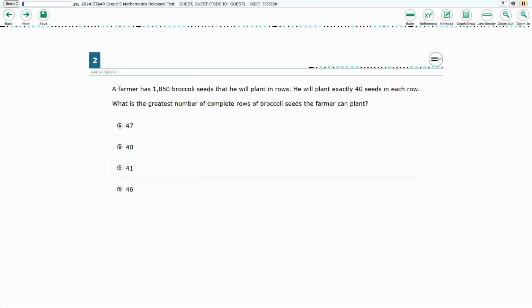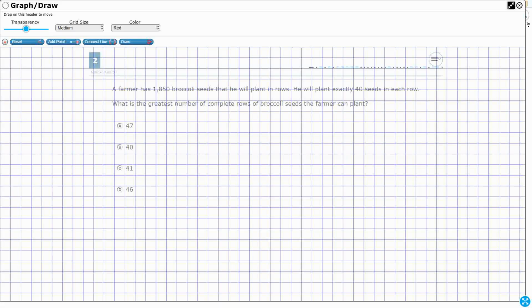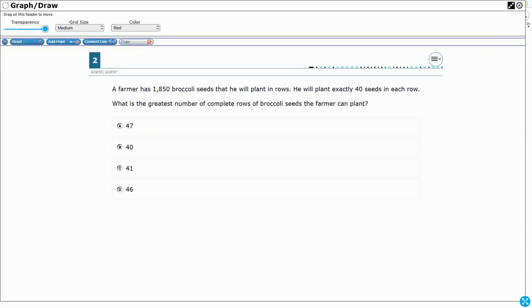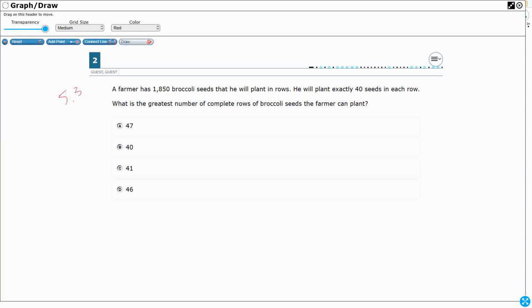For number two, we are dividing with two-digit divisors. And so we've got a farmer here, and our standard is 5.3C, and this farmer has 1850 broccoli seeds and exactly 40 seeds in each row. Okay, so what we have here is a part whole problem, right?